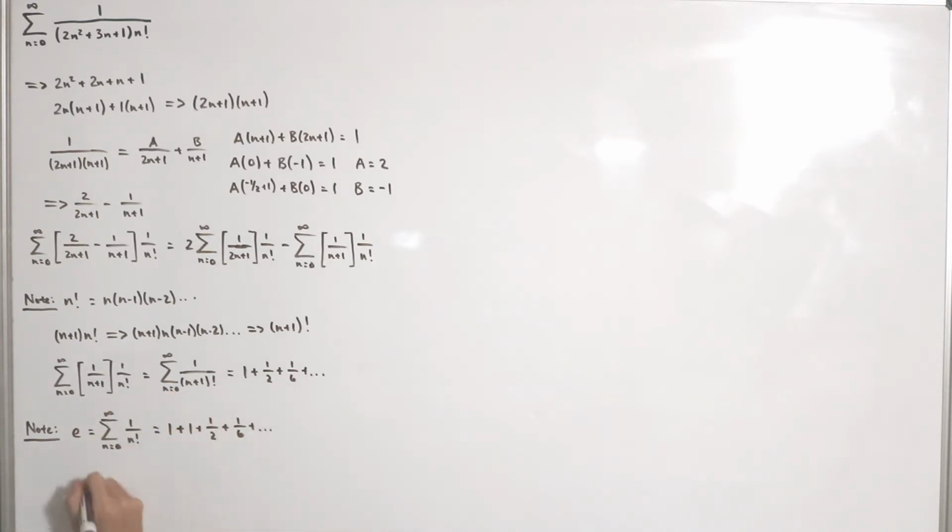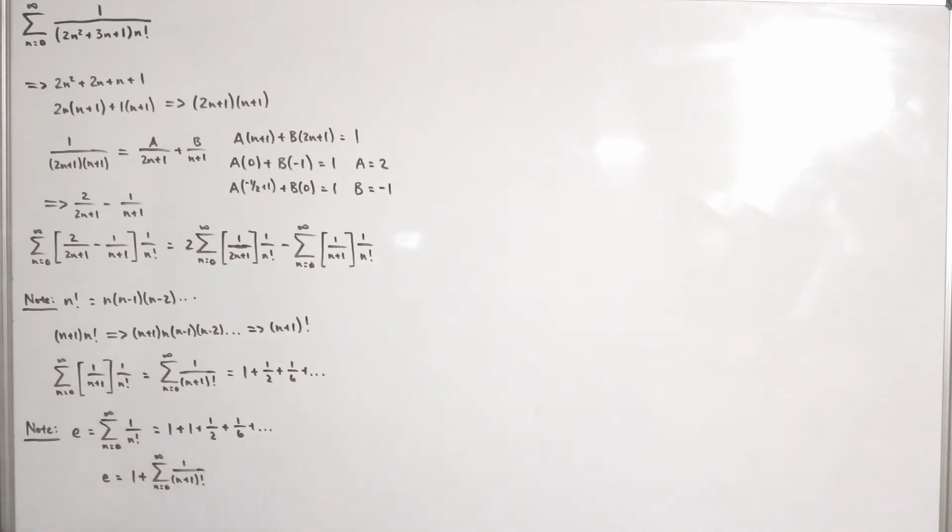So therefore, I can rewrite e is equal to 1 plus, and then let me substitute our second, third, and fourth and onwards terms from e with our series of 1 divided by n plus 1 factorial, n is equal to 0.